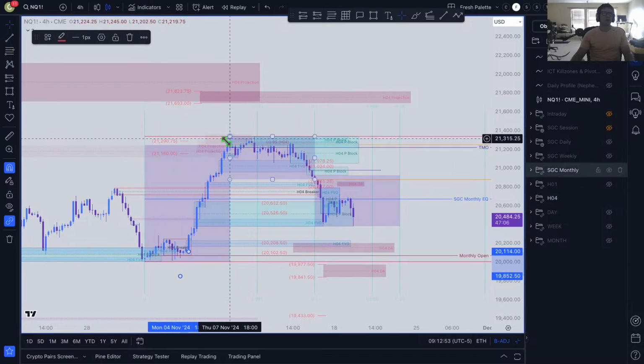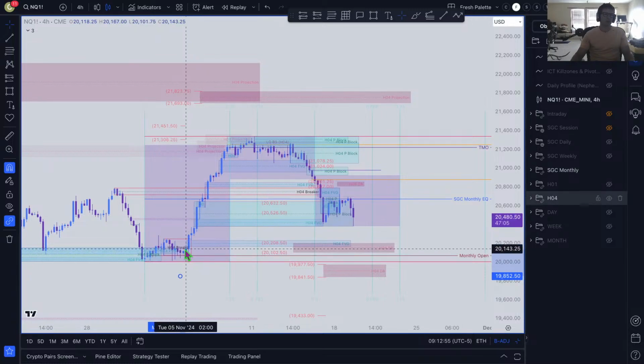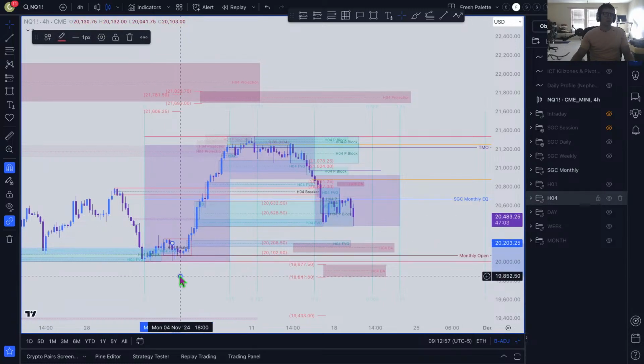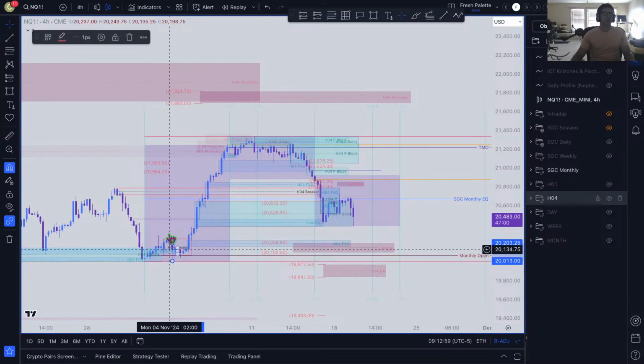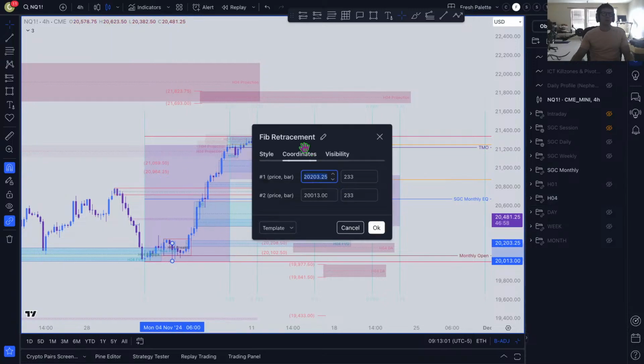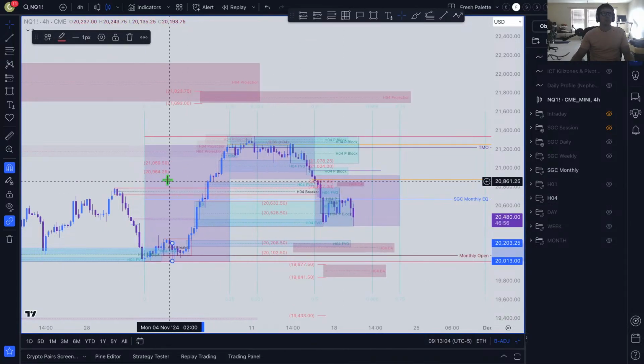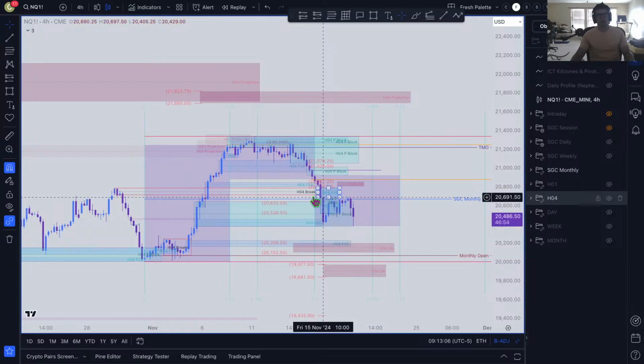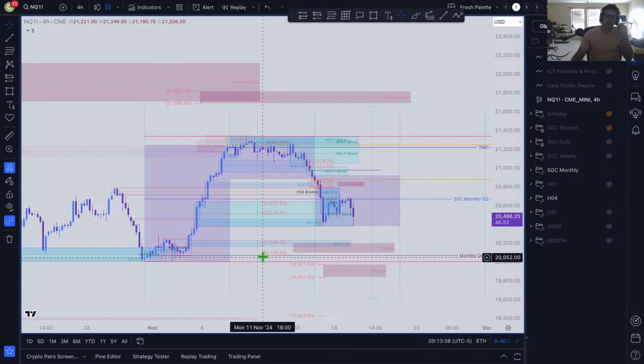So we did hit our first distribution areas on those impulses and rejected off. So the only other one that I do see is this, but I believe this has already hit both objectives, right?